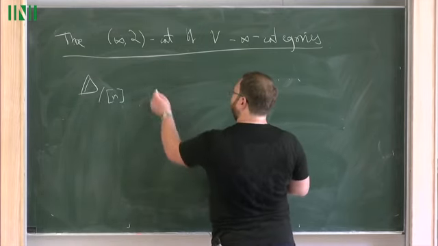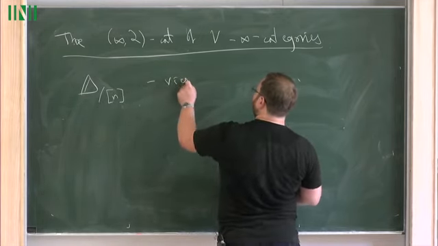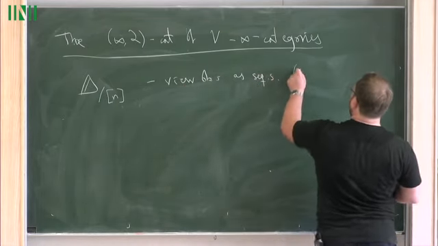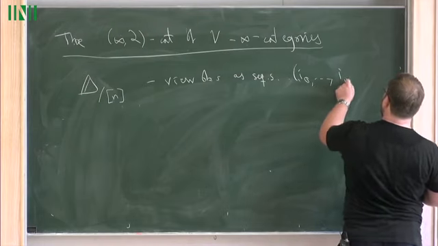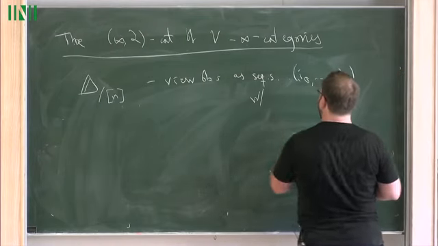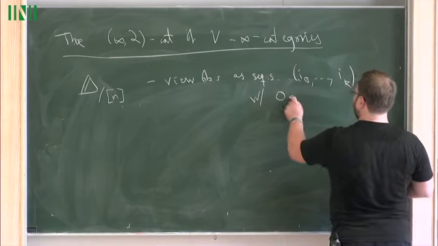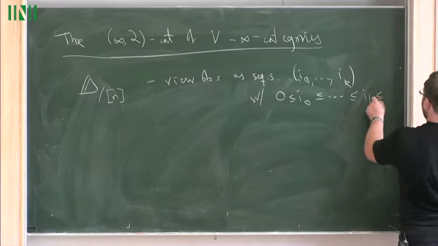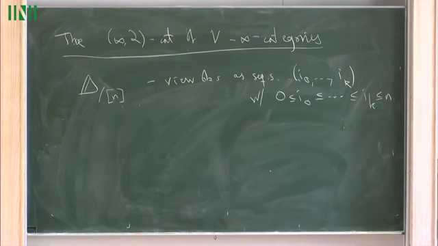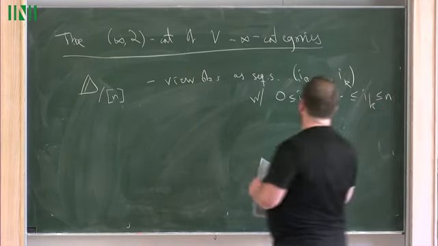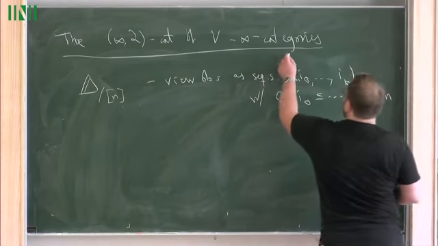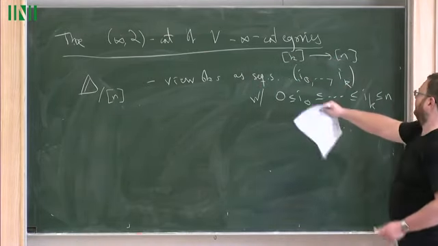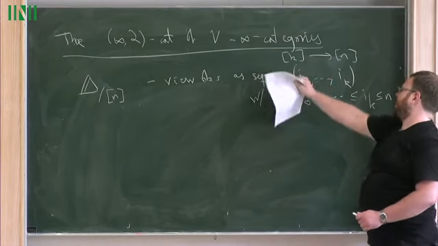We can think of the objects here as sequences i0 up to ik, where 0 is less than or equal to i0, less than or equal to and so forth up to ik, which is less than or equal to n. This then corresponds to the morphism k to n that takes an index t to it.